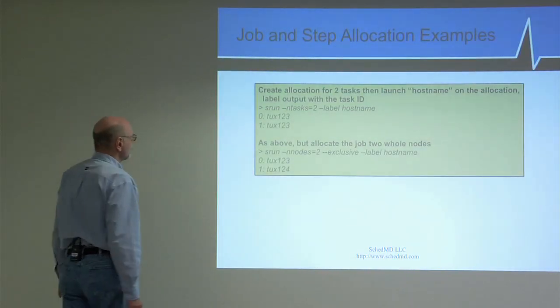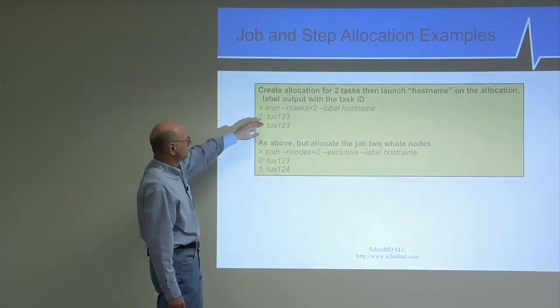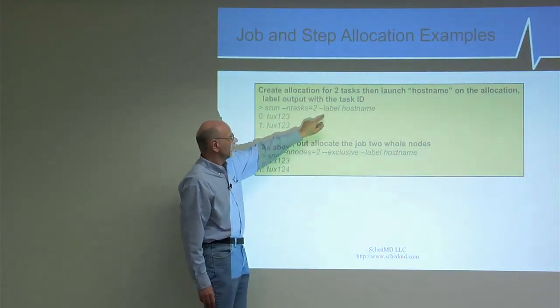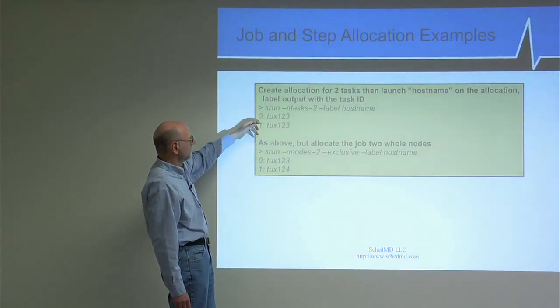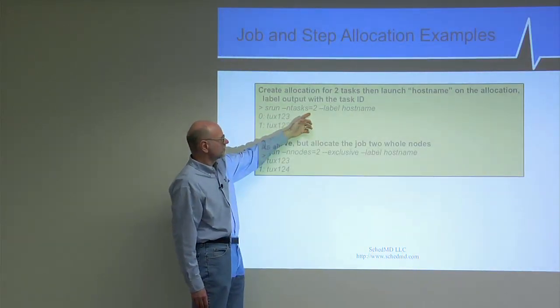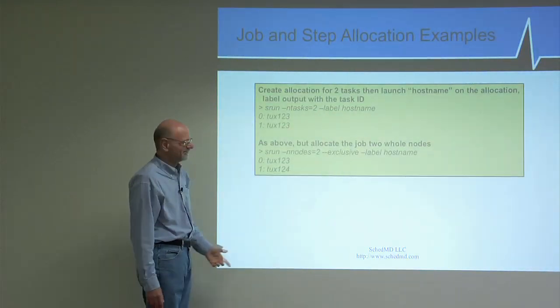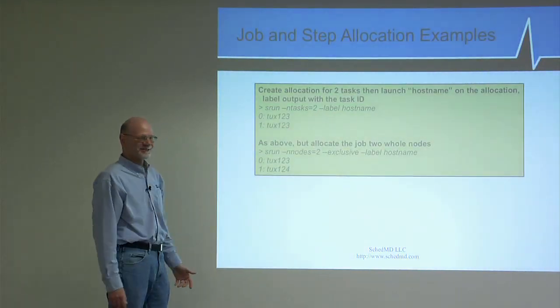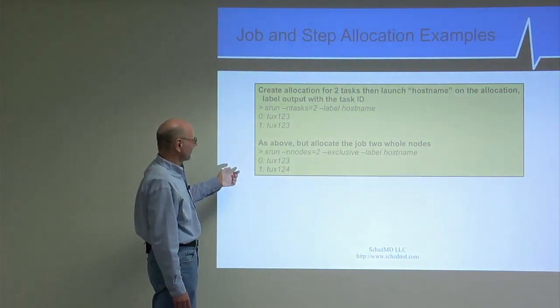For a job allocation and job step allocation, the --label option prints a task ID and a colon before the output. So this just launches 2 tasks to run hostname. You don't necessarily need to run an MPI job. You can run a shared memory job or whatever.